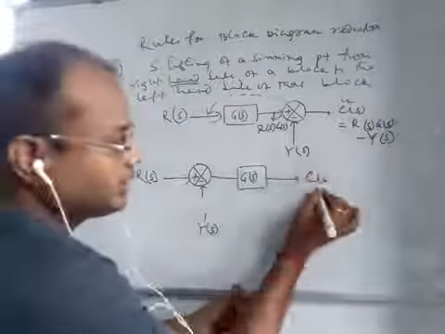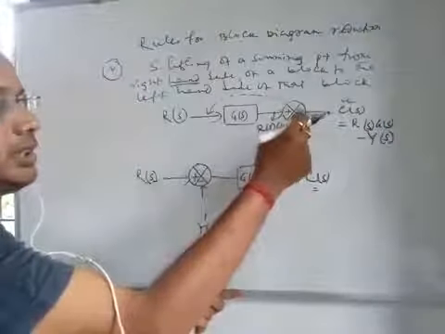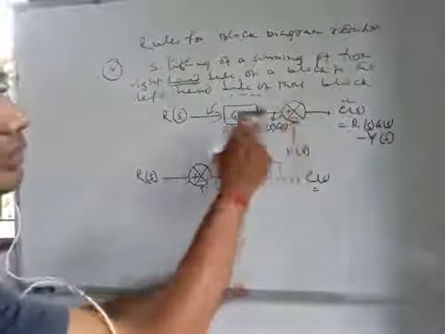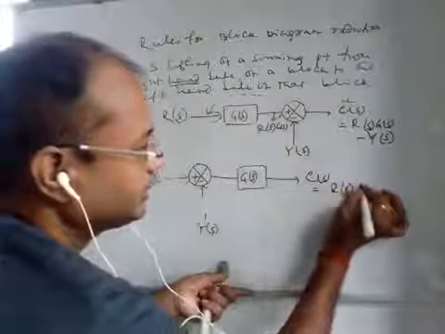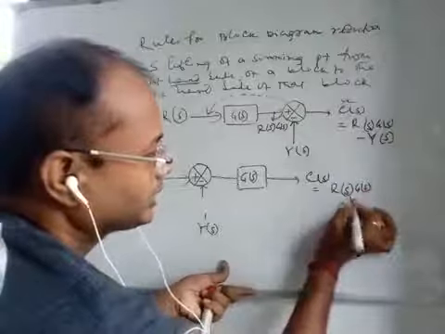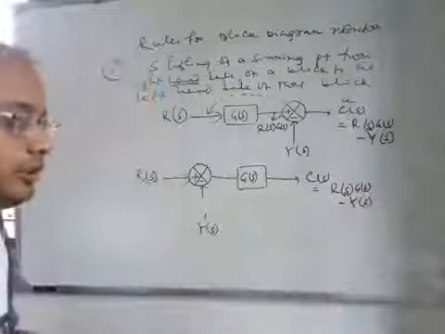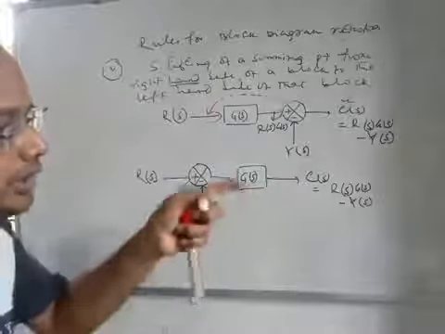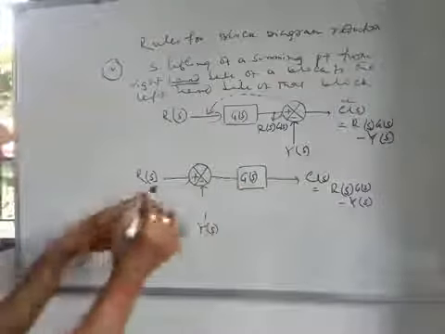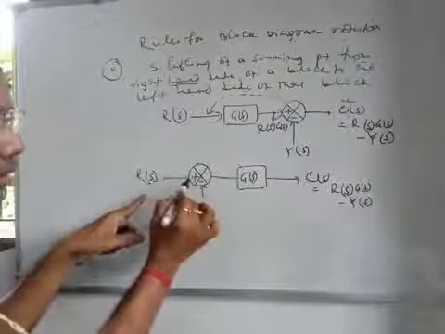Similarly here also, when you shift this summing point from the right hand side of this block to the left hand side, you will get RS into GS minus YS. There will be no difference, right? So how can it be done? Here you see, this is only the RS, right?